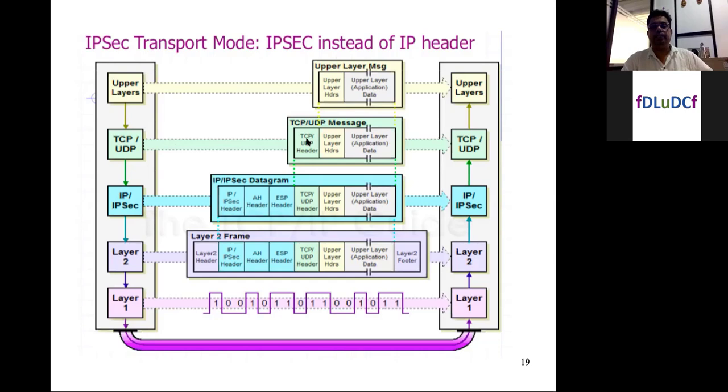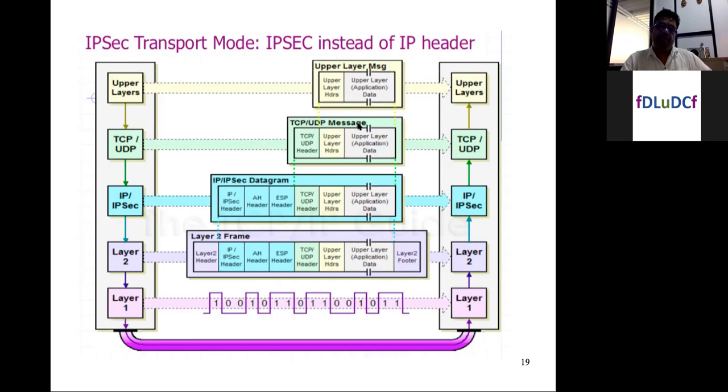The application data might have an application protocol header, and then we insert a new header, the TCP or UDP header, at the transport layer.